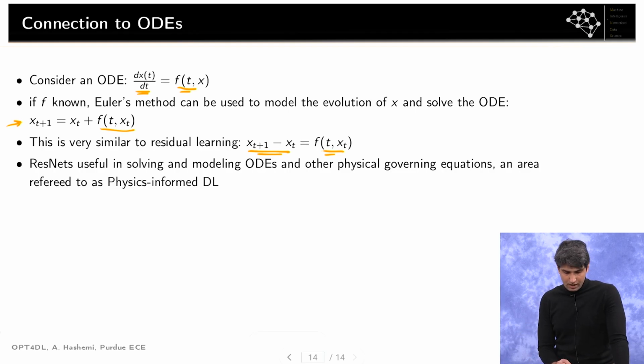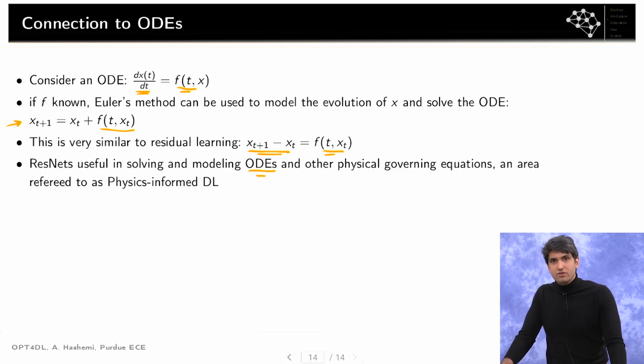So residual networks have been shown to be very useful in solving and modeling ODEs, as well as other physical governing equations. Now, this area is an active area of research, which is called physics-informed deep learning or machine learning. And the idea is that when we want to use these data-driven approaches for physical data, we can leverage some side knowledge to perform without having access to a large data set.